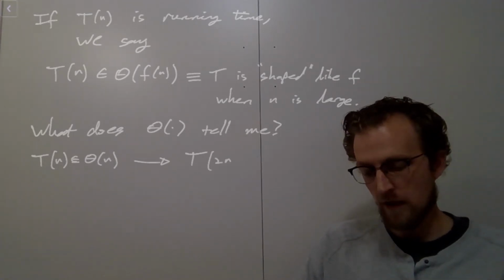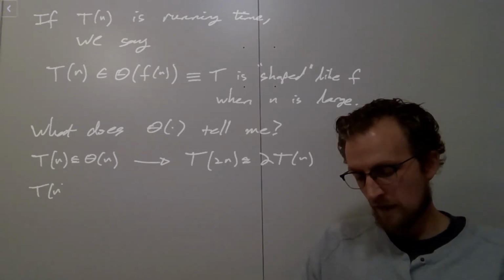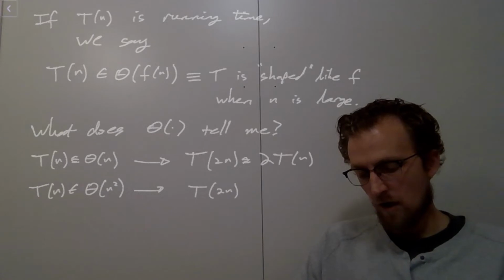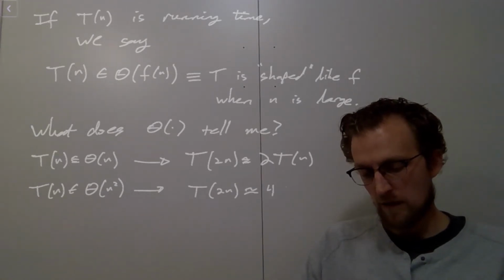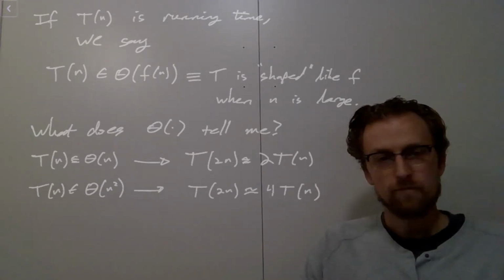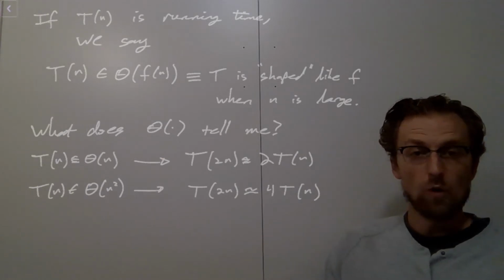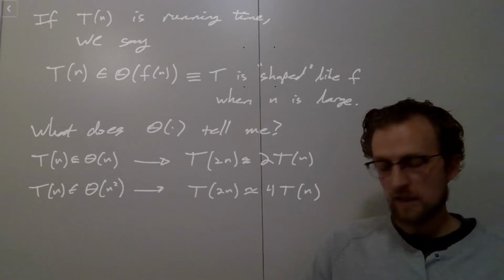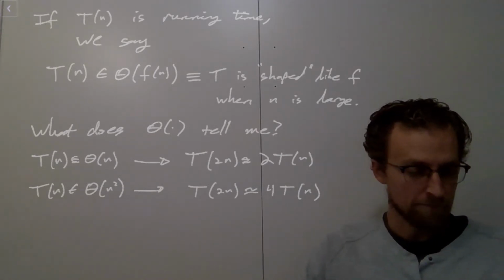So T of 2n approximately equals 2 times T of n. What if T of n is big theta of n squared? Then this tells me that T of 2n approximately quadruples the running time. So it scales worse in some quantifiable way than an algorithm that is big theta of n.